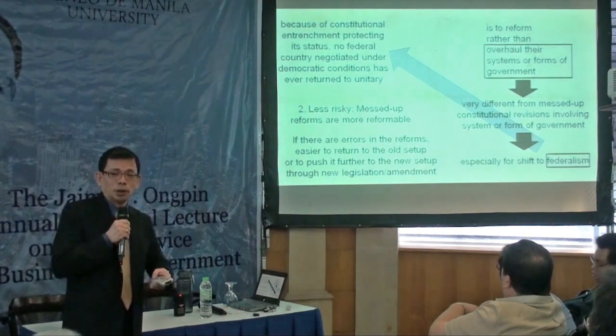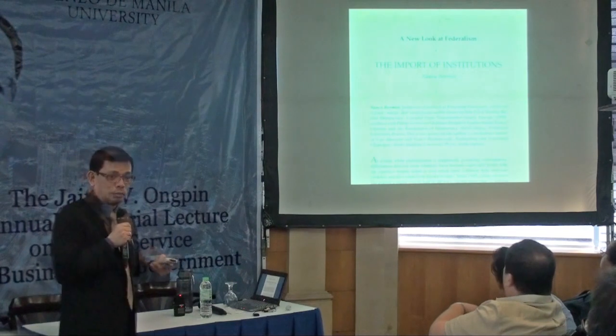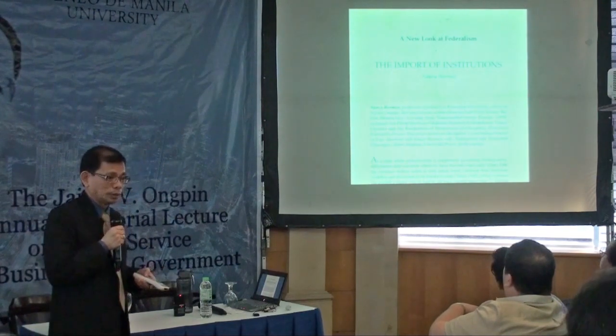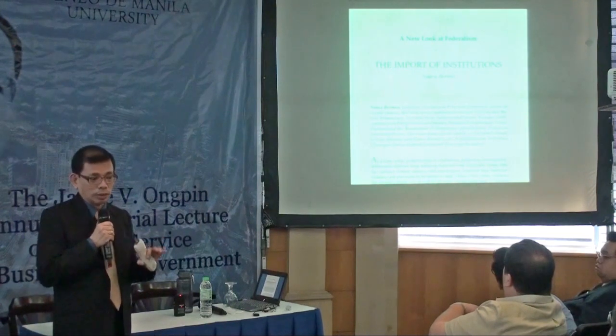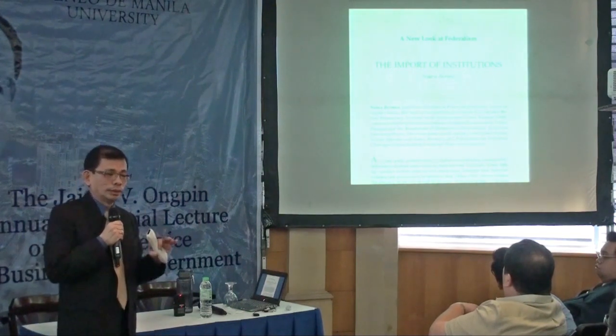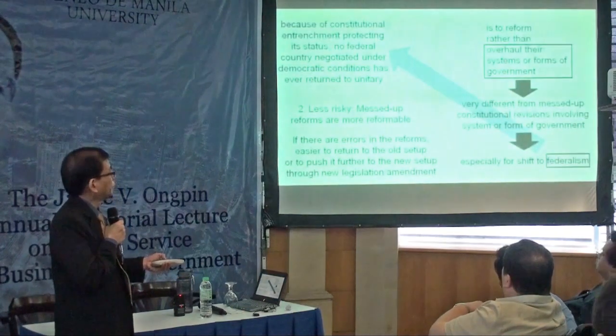This is an argument of a pro-federal scholar, Nancy Bermejo, in her important article, Import of Institutions. No federal country has ever returned when its federalism must be negotiated under democratic conditions.